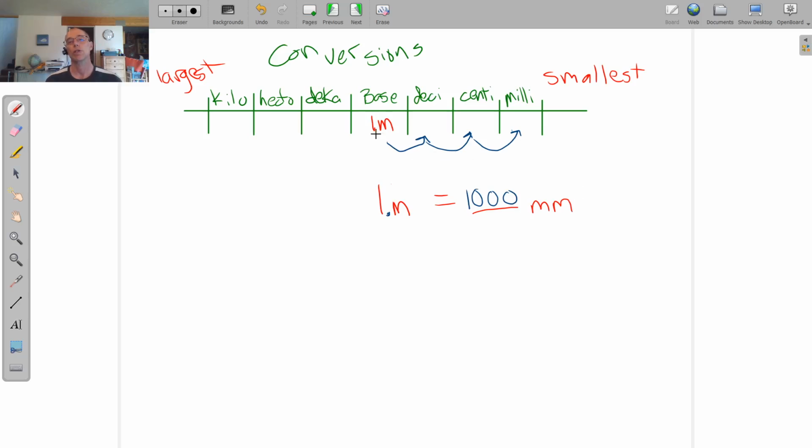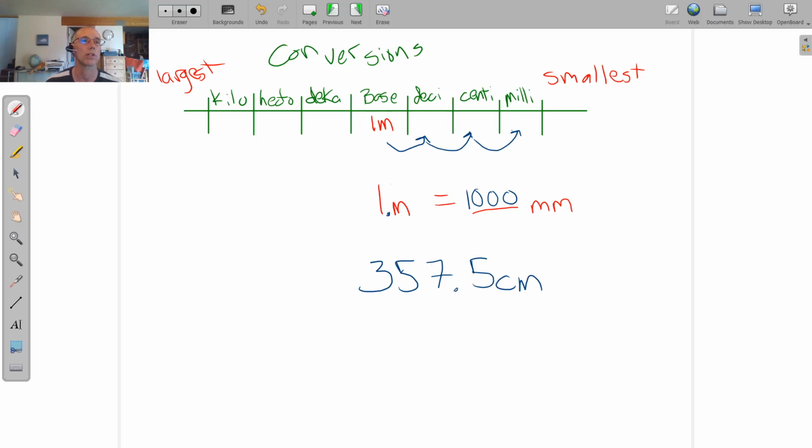Okay, so this order can help me do conversions. If somebody said they measured something and it came out to 357.5 centimeters, and they wanted to convert that to, say, meters, then for that conversion here, I'm at centi, and I want to get over to meter.